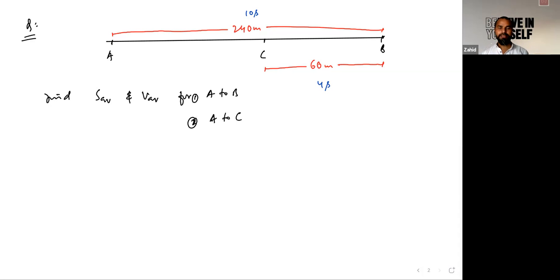Try to solve these two parts. The movement of the body goes like this: first A to B and then return to C.